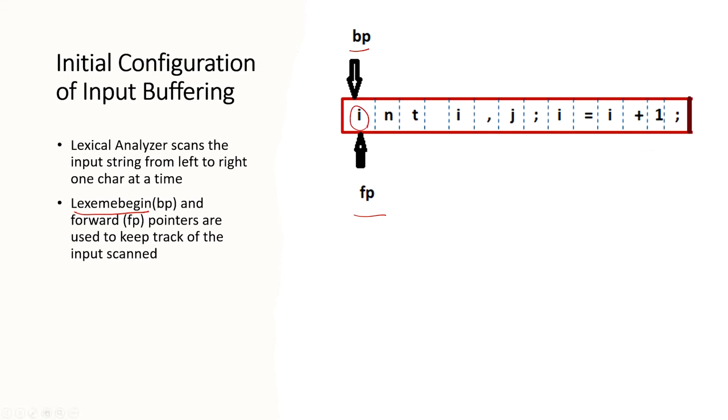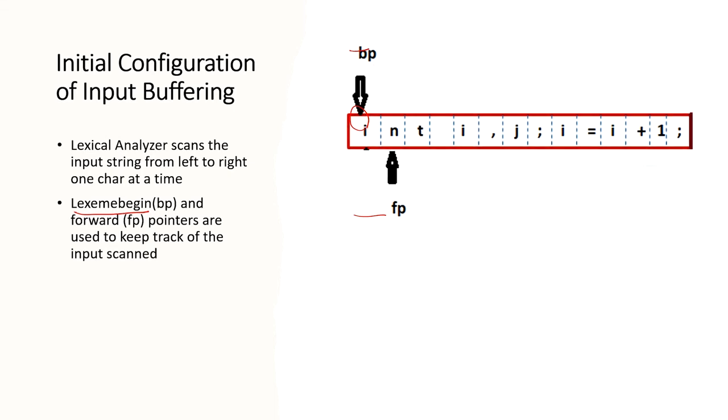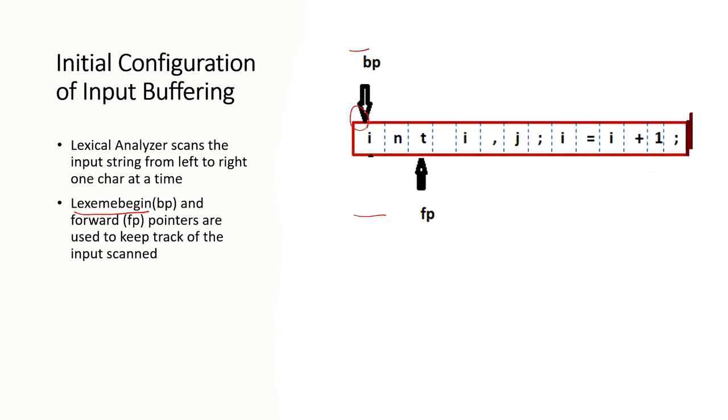The FP pointer moves ahead to search for the end of the lexeme. It moves here. So IN is not a correct lexeme. Then INT is a correct lexeme because it matches the pattern keyword. So finally, this lexeme matches the pattern and forms a token.